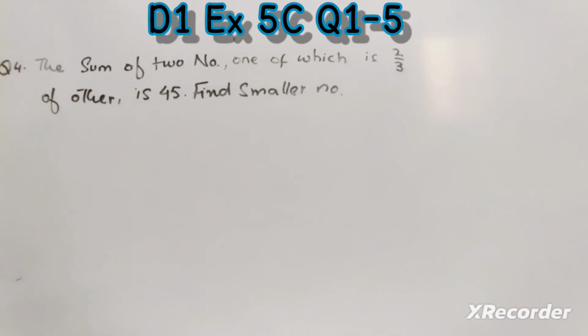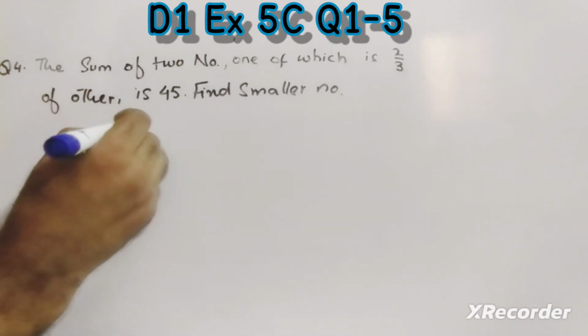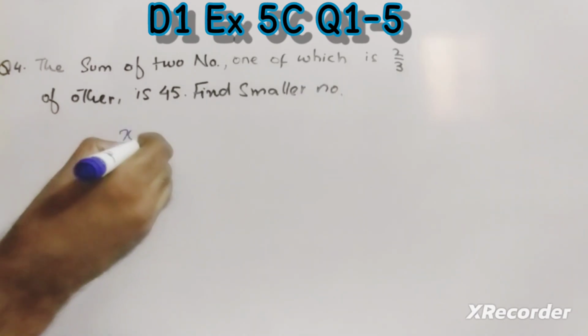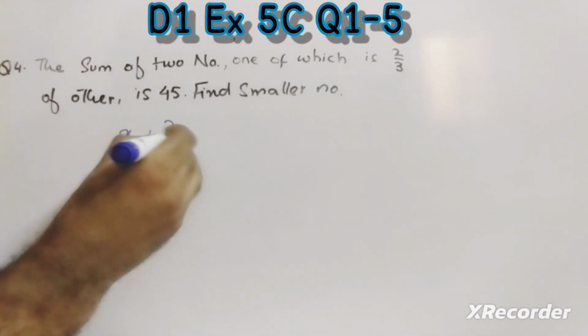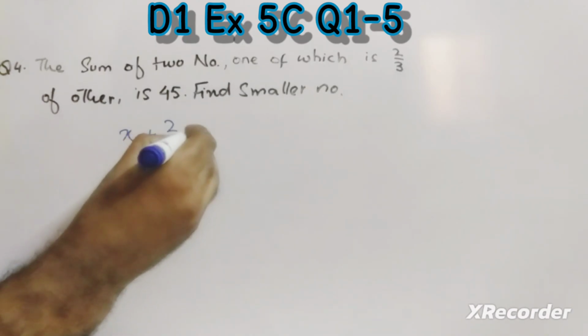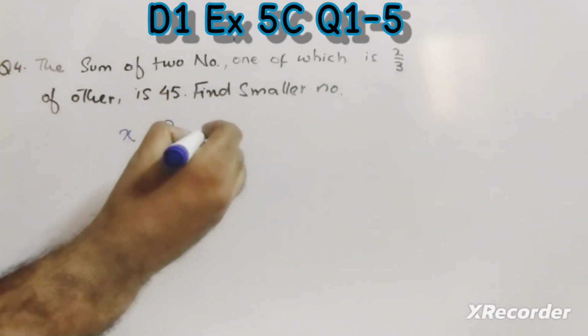Now move to question number 4. The sum of two numbers, one of which is 2 upon 3 of the other, is 45. Find the smaller number. Okay. Now let's assume the bigger number is x and the smaller number is 2/3 of the bigger number, that is 2/3 of x, and their sum will be 45.